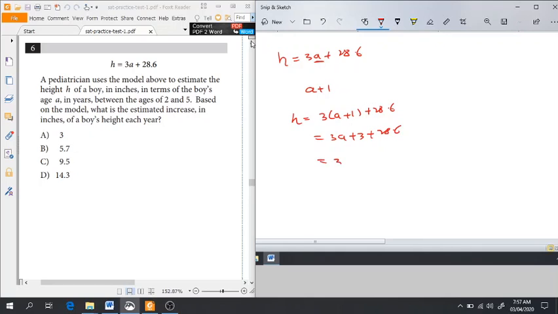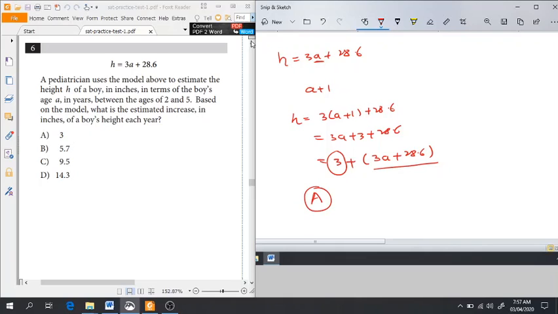Remember, this can be rewritten as 3 plus 3a plus 28.6. So this is the initial height of the boy, and this height has increased by the value of 3. So this is the increase in the height each year. So the answer to this question is A.